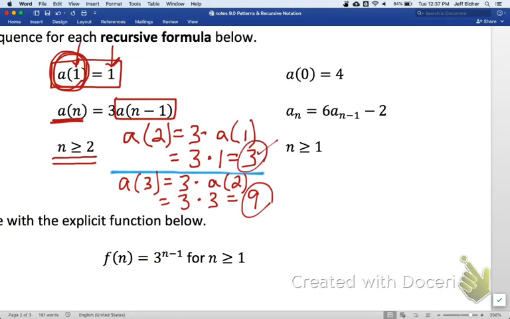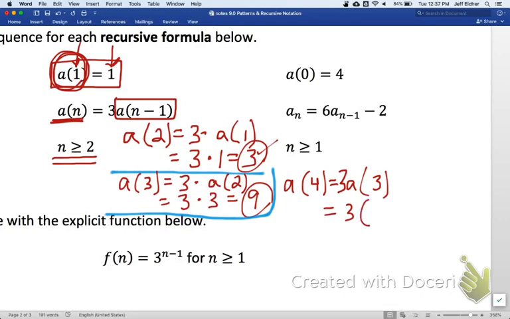And then lastly, our fourth term, a of 4, would be our term before it, a of 3, times 3. Oops, I forgot to fit the 3 in there. So that would be 3 times the term before it, a of 3 is 9, so we'd get 27.